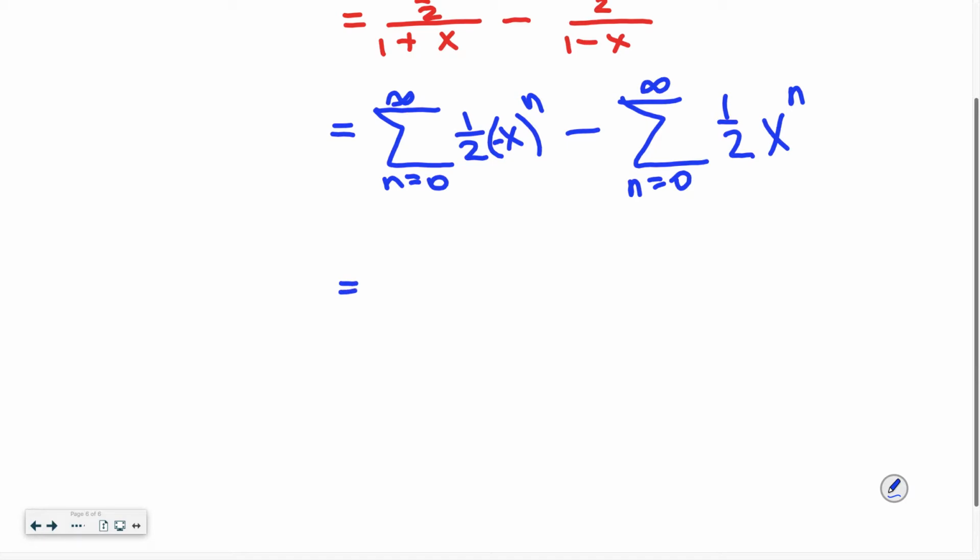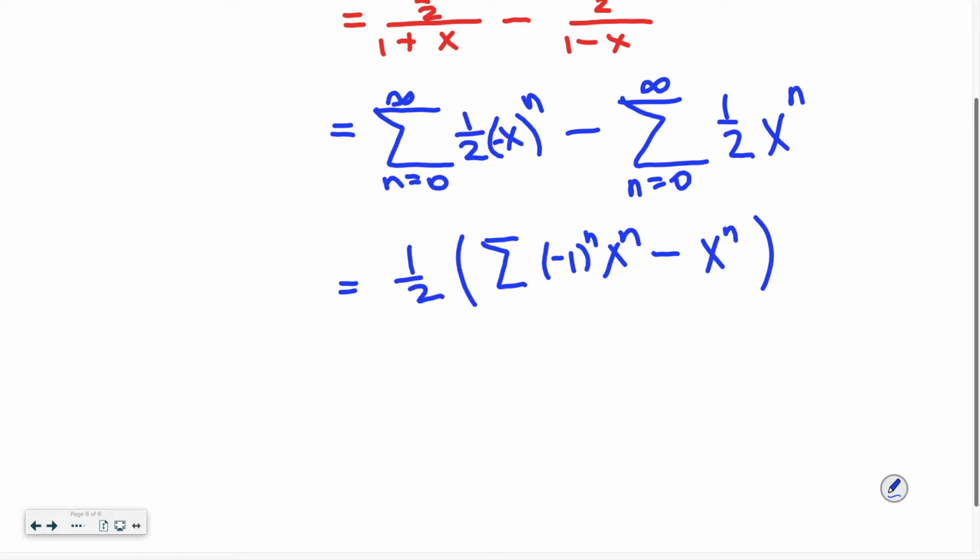Okay, let's make this look prettier. Negative 1. So 1/2, right, times the sum of negative 1 to the n, x to the n, minus x to the n, if we squish them together?